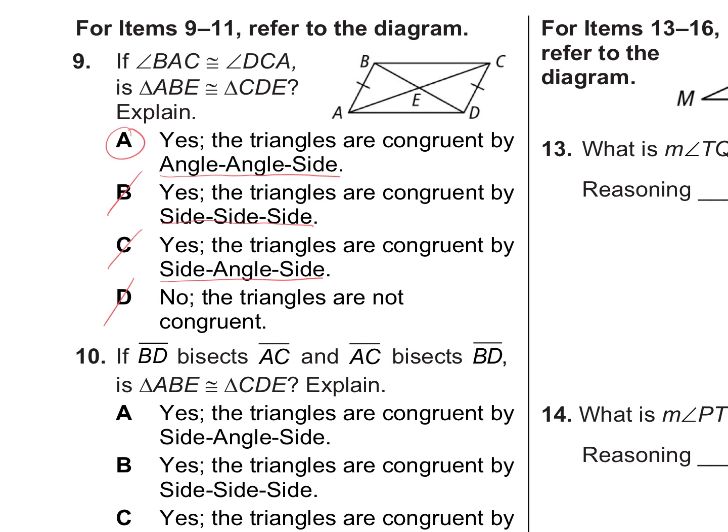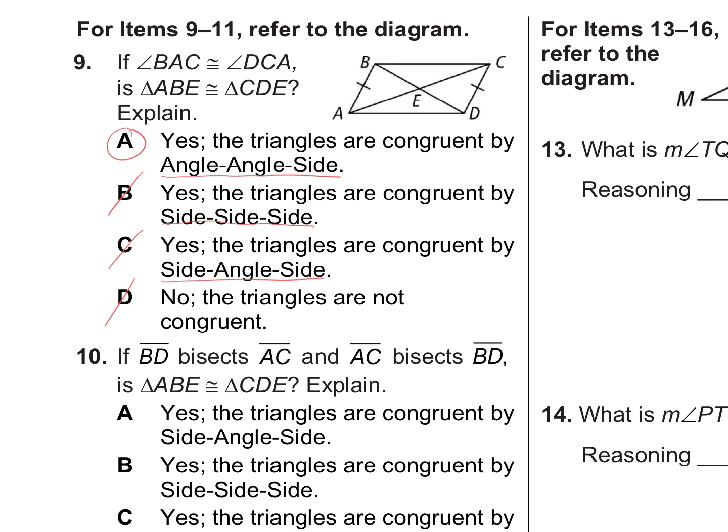Number 10, if BD bisects AC. What does bisect mean? Like goes across. There's one more thing that helps us know what it is. Bisect means split in half. So if BD splits AC in half, that means these two lines are congruent to each other.